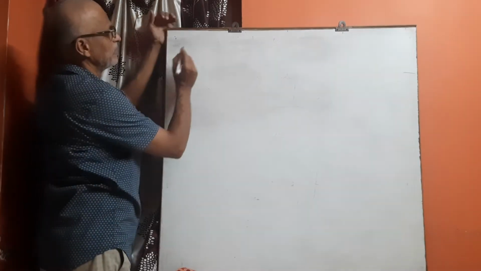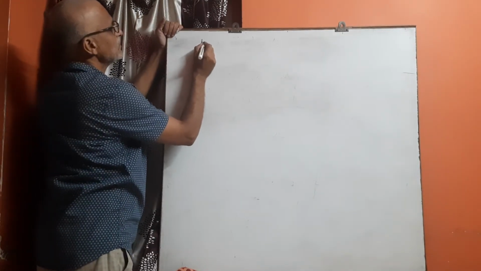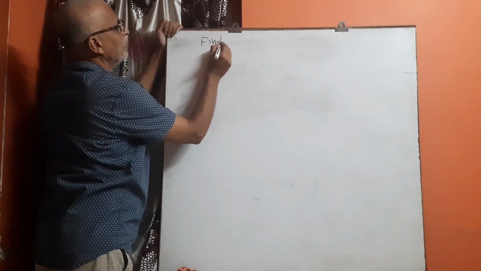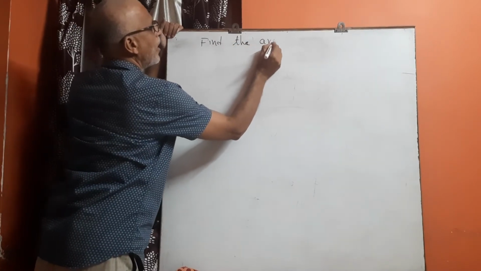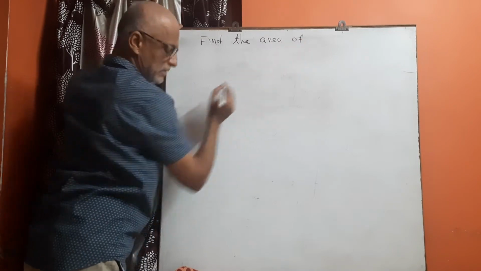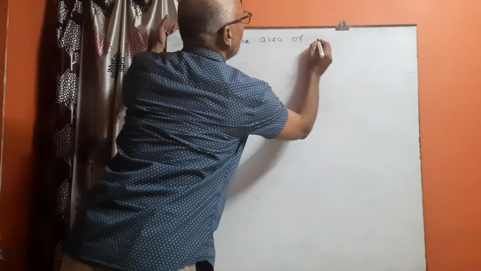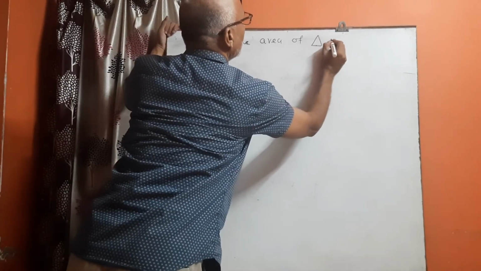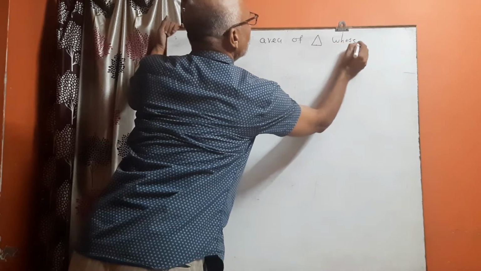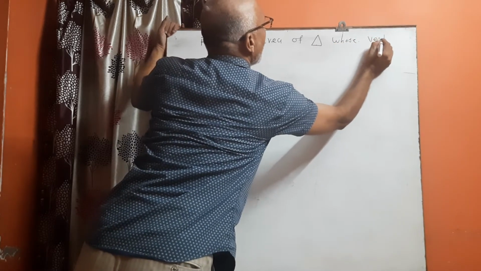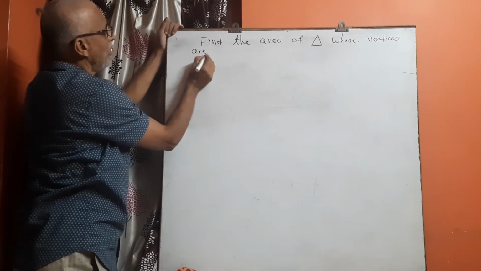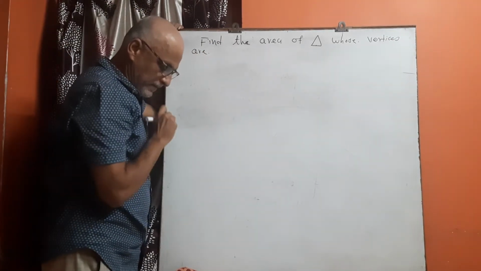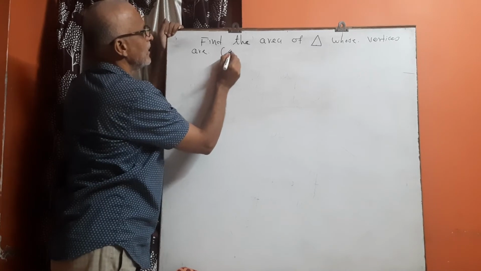Let us solve the first problem. So the question is, find the area of triangle whose vertices are 4, 7.